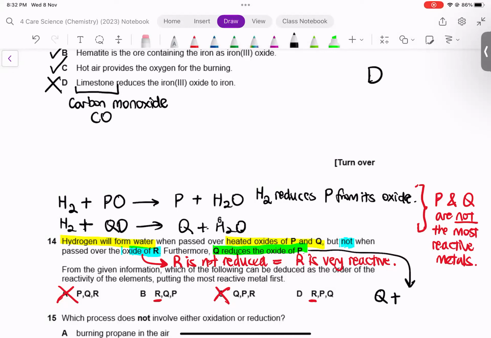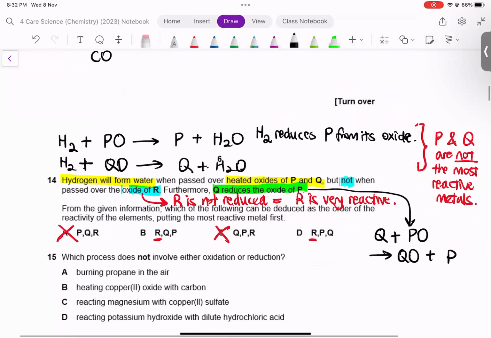Q, metal Q, plus PO becomes QO plus P. So another way to put this is Q displaces. It's a displacement, right? Q displaces P from PO. So if Q can displace P, Q is more reactive than P. And that's why the answer is B.